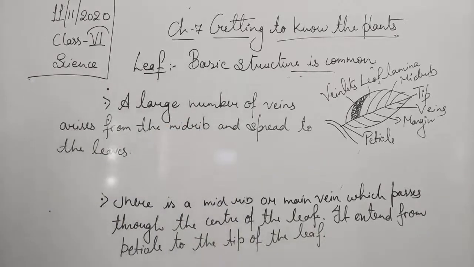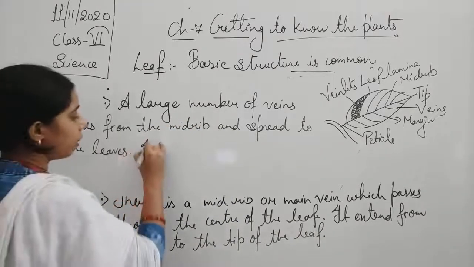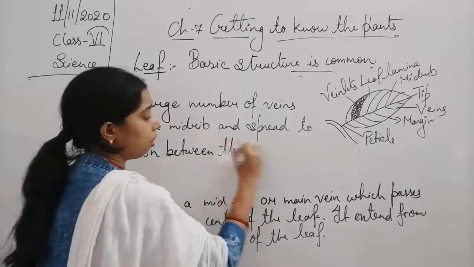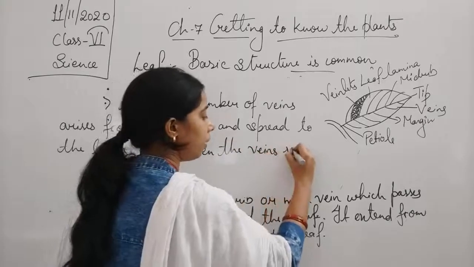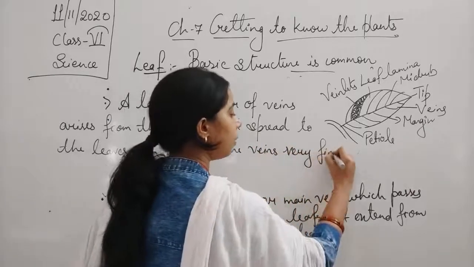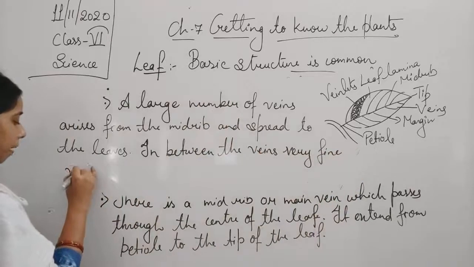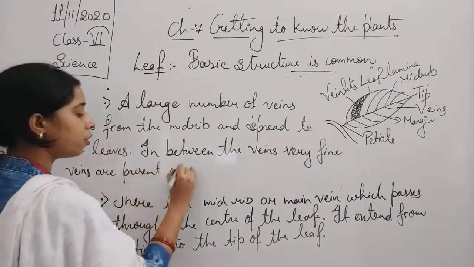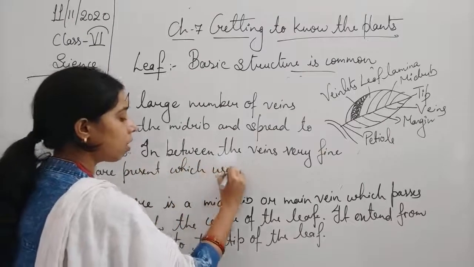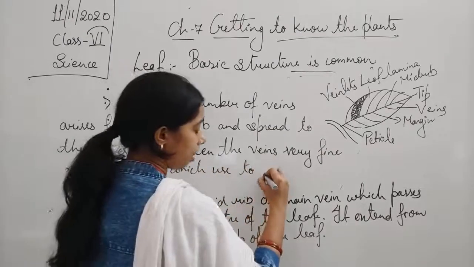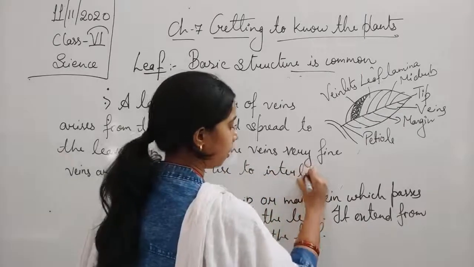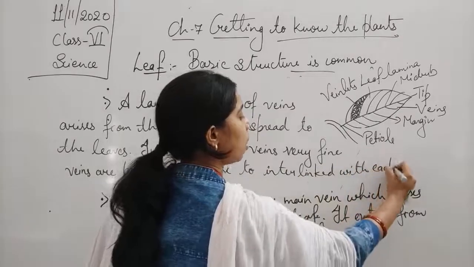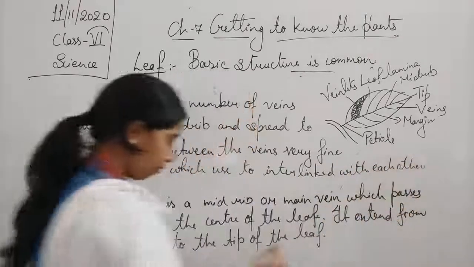So we can write: in between the veins, very fine veins are present which are interlinked with each other, and what is the name we call it, students?